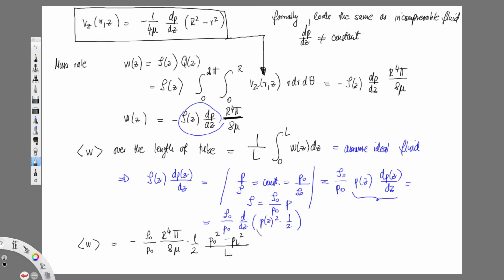So I have an interesting square dependence here. Okay? That is something that does not show for the regular fluid, because P0 minus PL over L is a constant.